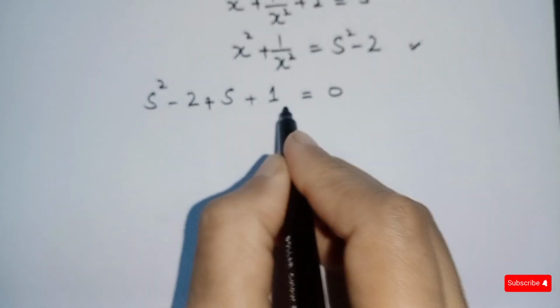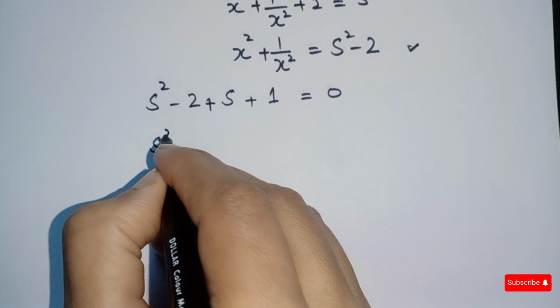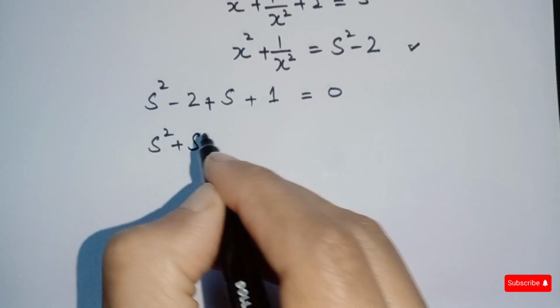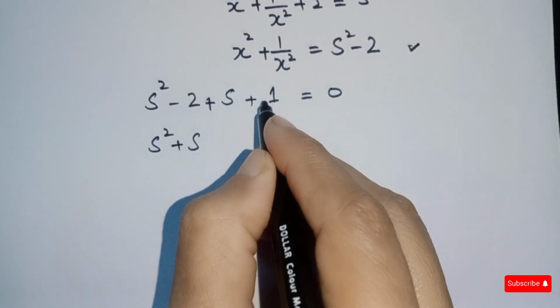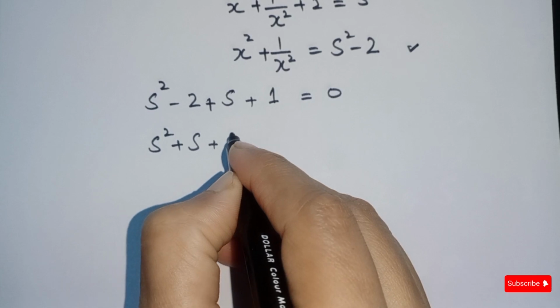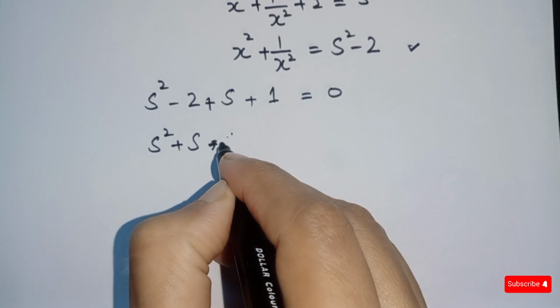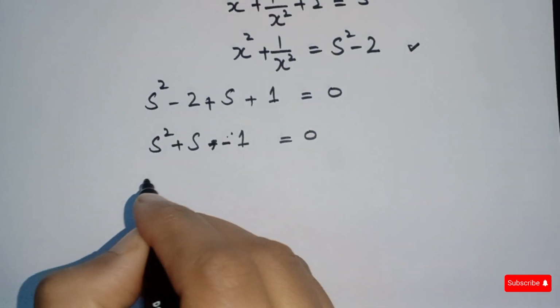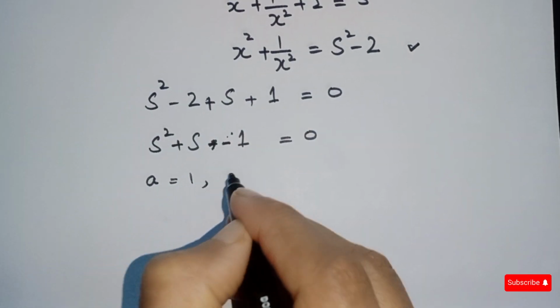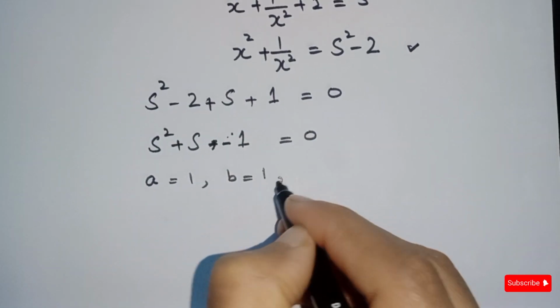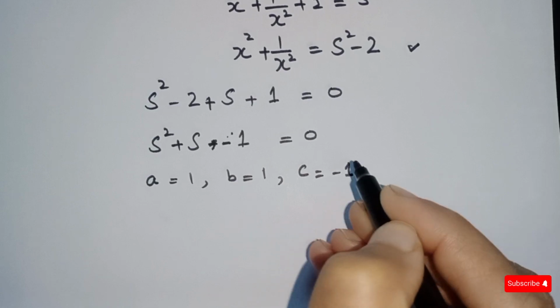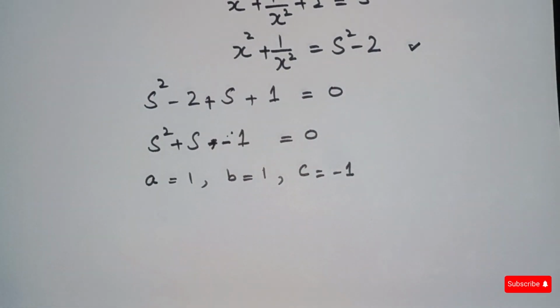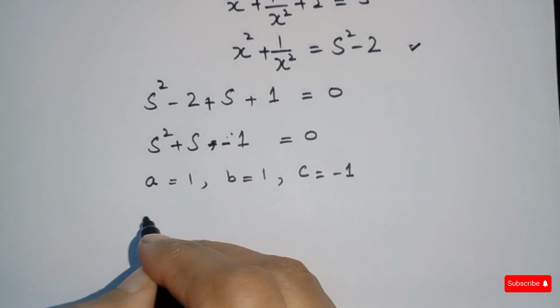We will simplify this and get s square plus s minus 1 is equal to 0. Here we have a is equal to 1, b is equal to 1 and c is equal to minus 1.